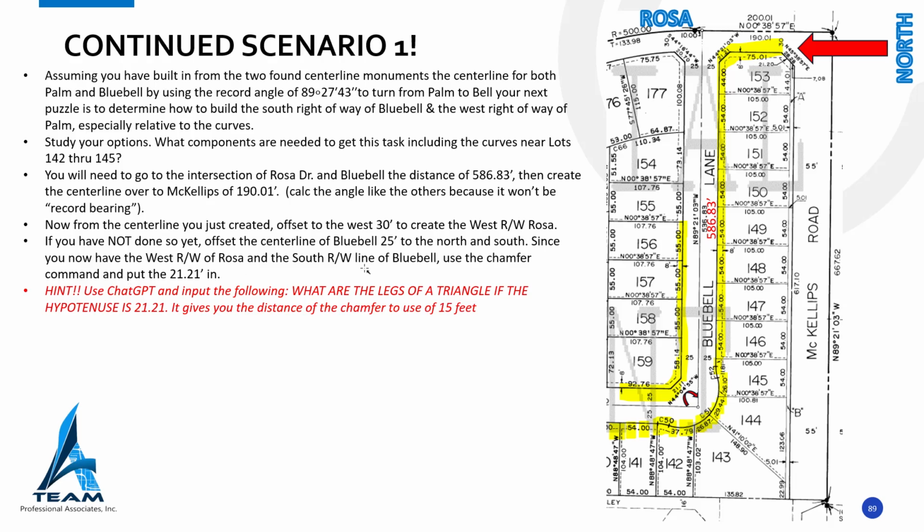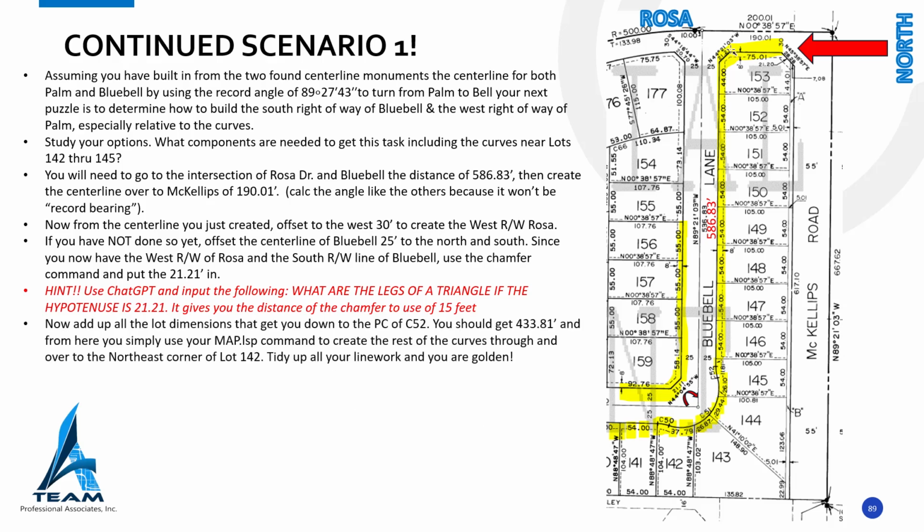So use ChatGPT again and put in what are the legs of a triangle if the hypotenuse is 21.21, because really that's what this is up here, a little triangle. If you were to extend that line out and extend this line out and trim it to where it's meeting and intersecting, then you would go back 15 feet and back 15 feet, and it would give you 21.21. And that's par for the course for the rest of those throughout this entire plat anyway. So it gives you that distance with chamfer. You can figure out how to create that part now.